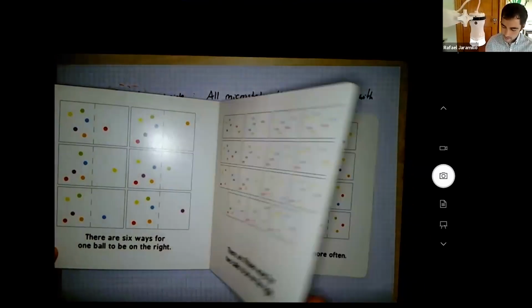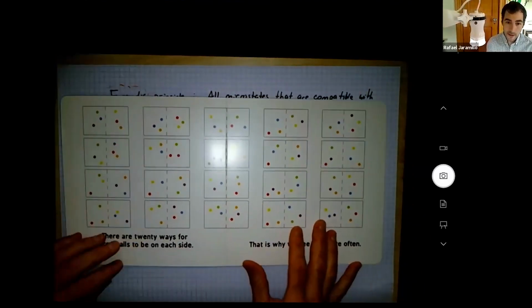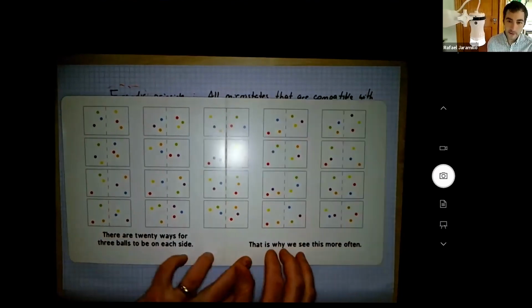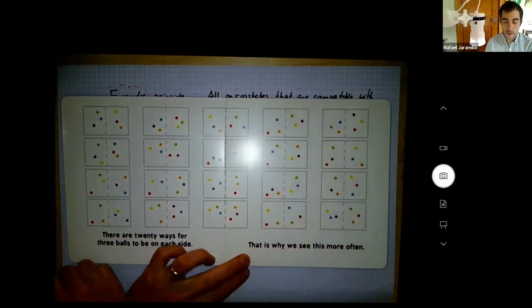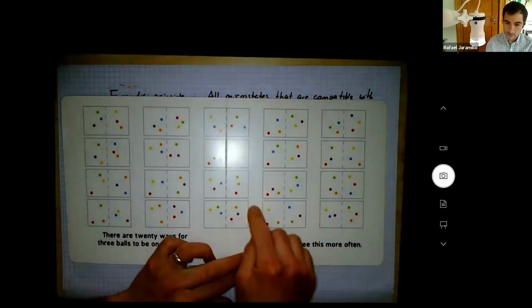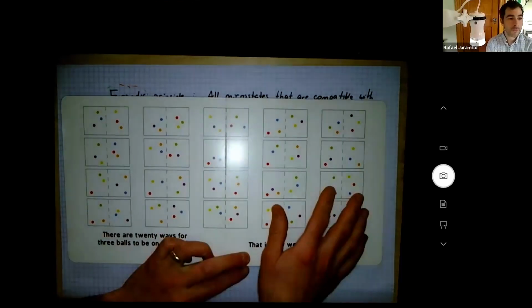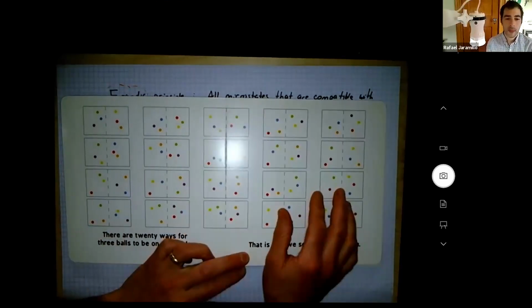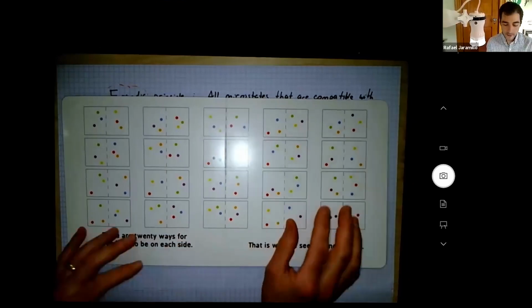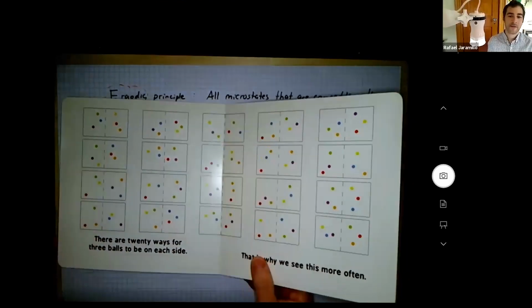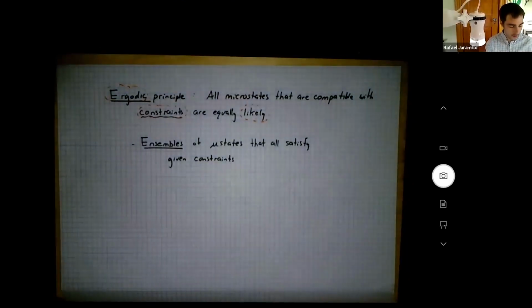Here is the ensemble of microstates that all satisfy the constraint that the volume is the full rectangle with solid lines. That's the constraint: the volume is the full volume, and this is an ensemble of different microstates that all satisfy some clearly stated constraints.